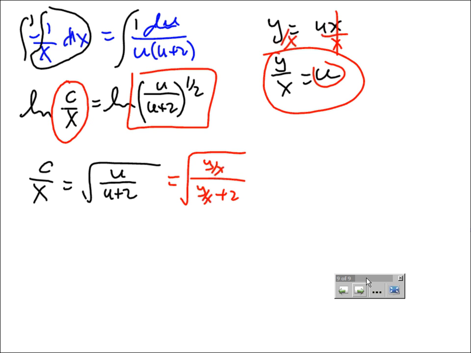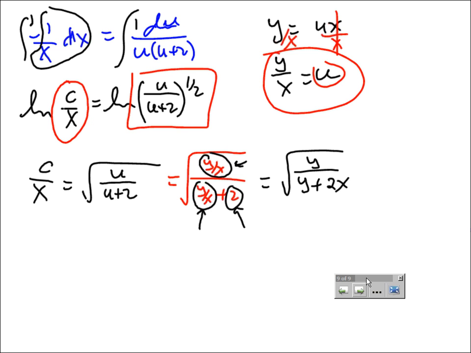Now if I multiply each of these terms by x, they'll kill off all the denominators. y over x times x is y, y over x times x is y, plus 2 times x is 2x. So I have that c over x is equal to the square root of y over y plus 2x.